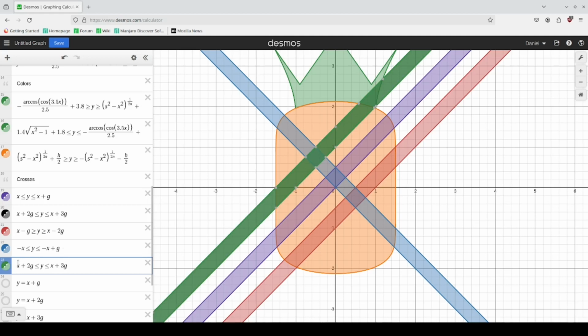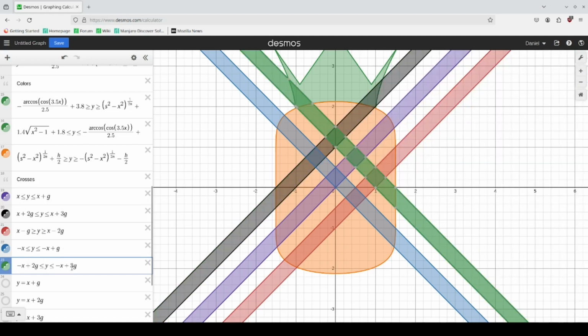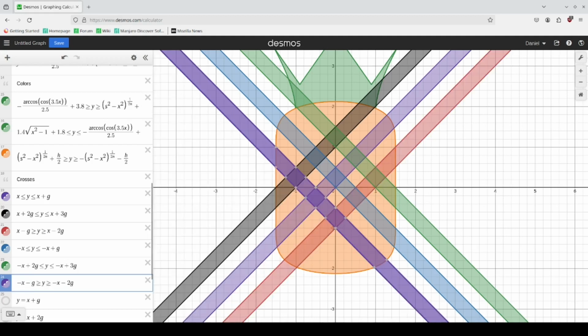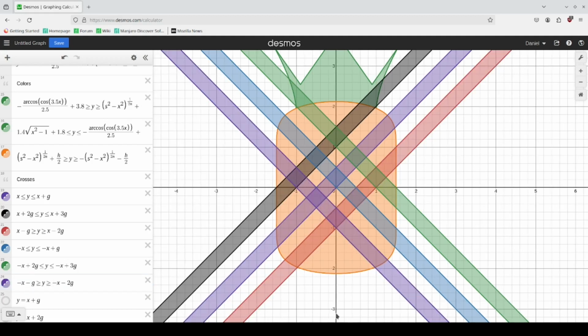So for the next one, it's going to be everything minused. Okay, and then we'll start defining boundaries to cut these lines off.